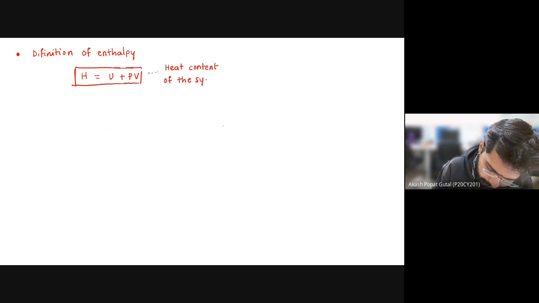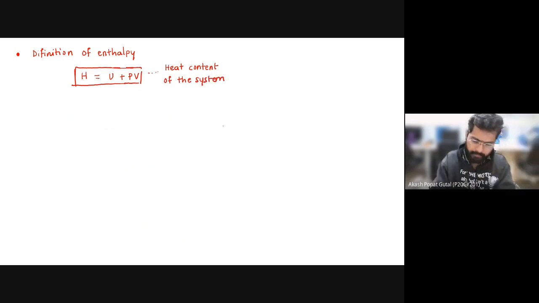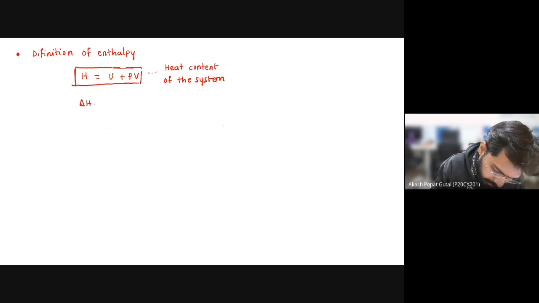So it can be called as heat content of the system. And the change in enthalpy mathematically can be given as Cp into T2 minus T1.